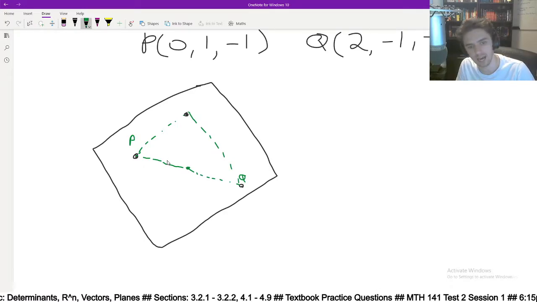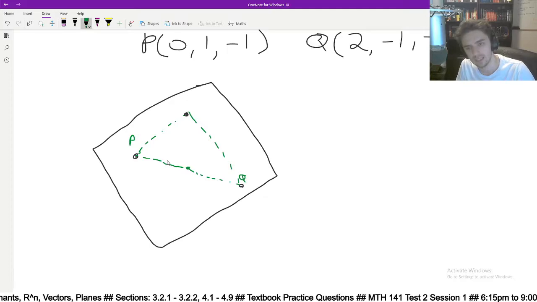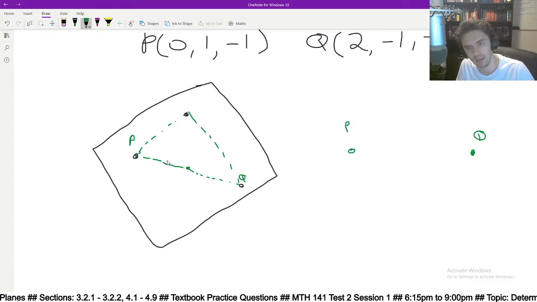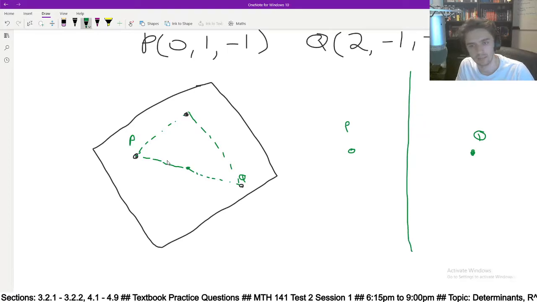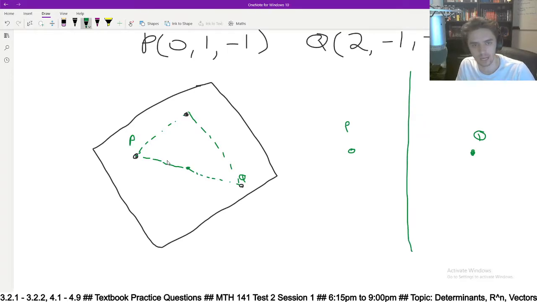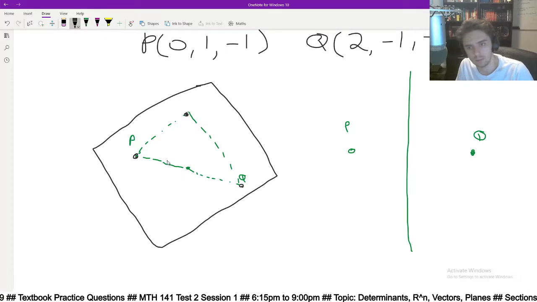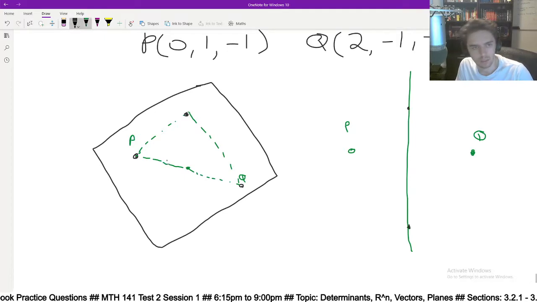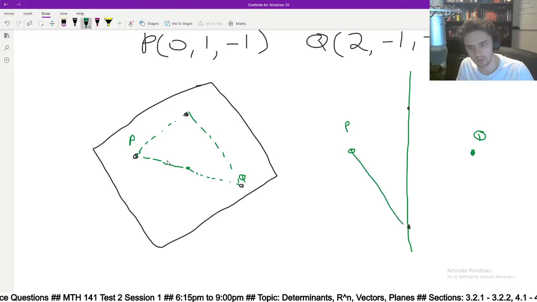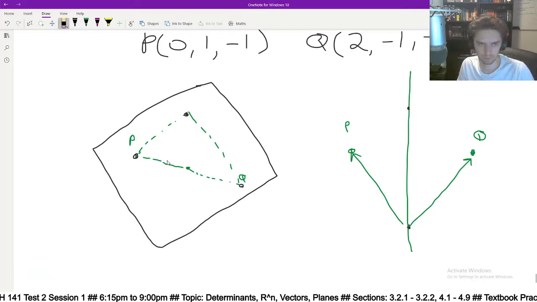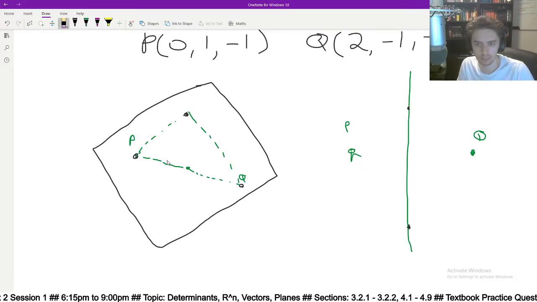If you look at it from the side, this is P and Q, and this is the plane just from the side, as if it was just a line. It doesn't matter what point on this plane, the distance from P to that point will be the same as the distance from that point to Q. Okay, so let's figure out what this plane is.